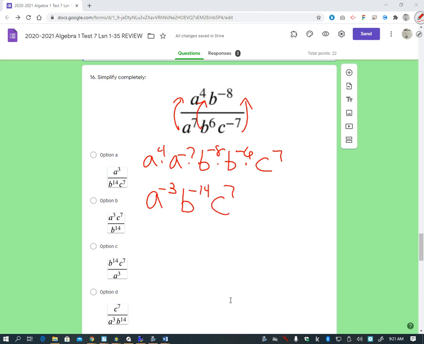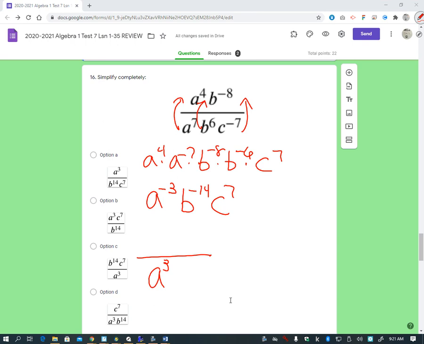Now, okay, that was step 1, move everything up. Step 2 is combine, right, by adding exponents. What's step 3? Moving them. Okay, what moves? All right, so anything that is negative goes where? Down below the division bar. Okay, so I'm going to make a division bar. Where does A go? A goes on the bottom. Okay, so its exponent becomes positive.